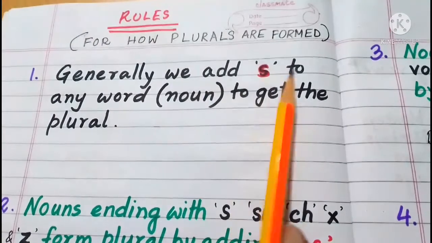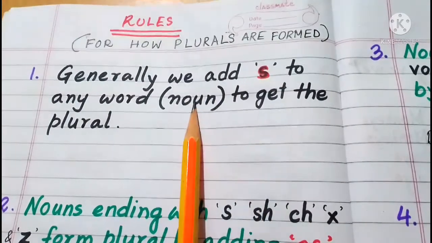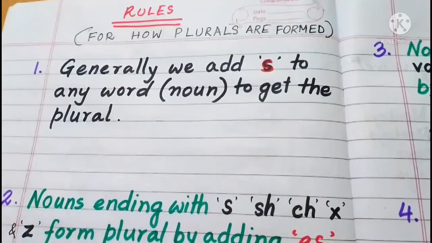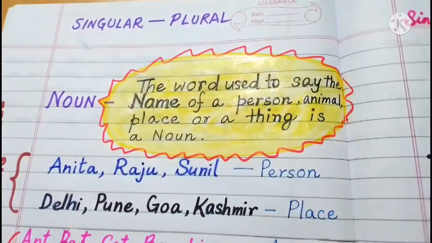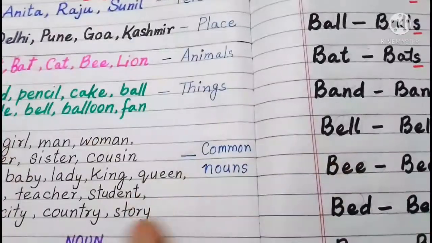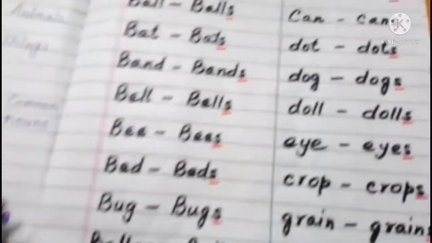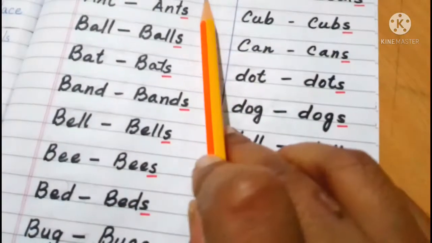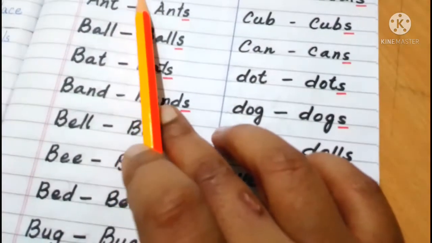Generally we add s to any word which is a noun to get the plural form. This particular example we have shown you in the earlier list, which was about adding s to every singular noun.